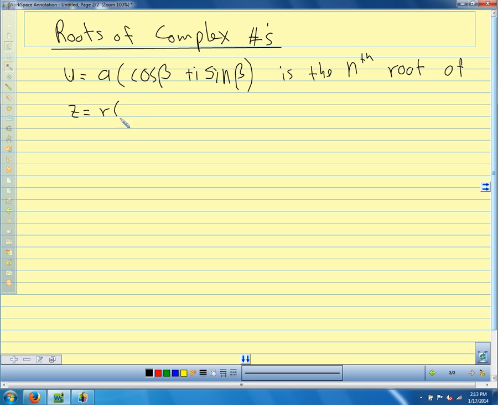equals r cosine theta plus i sine theta. Well, if u is the nth root, that tells me that a to the n times cosine of n beta plus i sine n beta equals z.